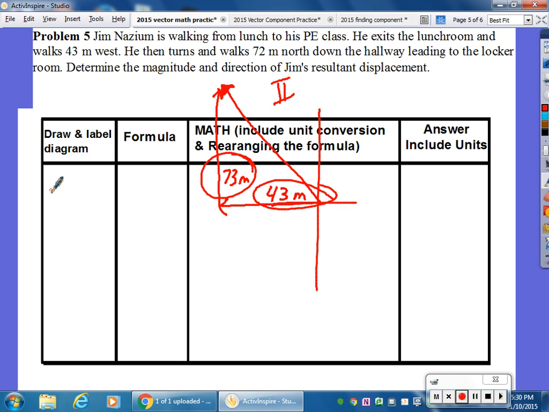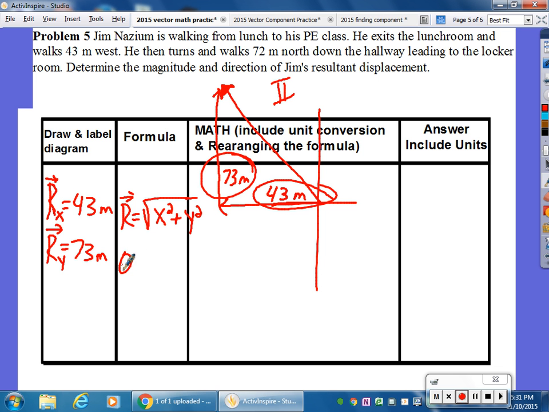So in terms of your resultant vectors, the x in this case is going to be 43 meters, and the y is going to be 73 meters. Alright, and our formulas are going to be, to solve for the magnitude, the square root of x squared plus y squared. And to solve for theta, the angle, we're going to do tan inverse of y over x.